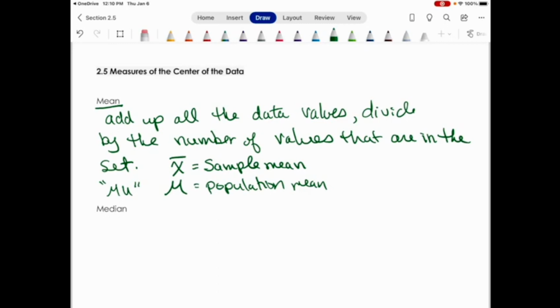Now, you might see more notation on how you actually calculate the mean. If you see this symbol, this is sigma, and that is just a symbol for sum, which means add up all the values.